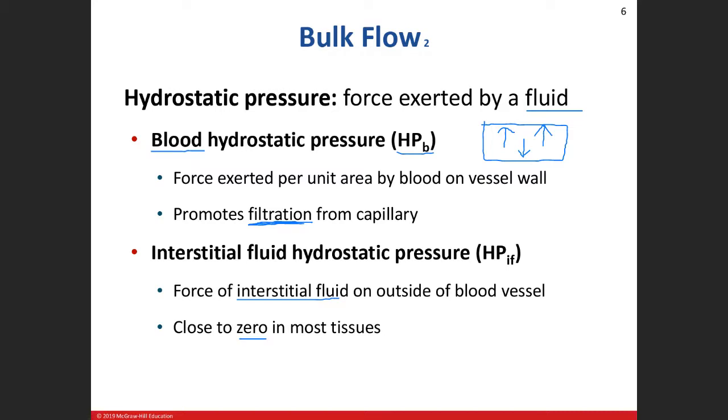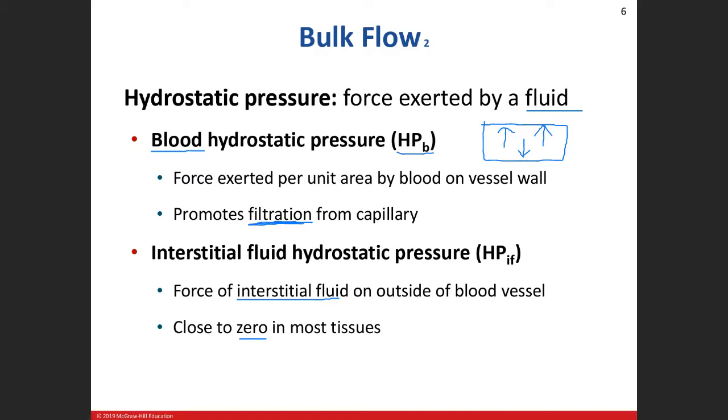Well, that's virtually zero. Your tissues have virtually no hydrostatic pressure pushing into the blood vessel. If you do, it's usually in a pathological situation. It could be inflammation, edema, but in most cases for our tissues, that value will be zero.